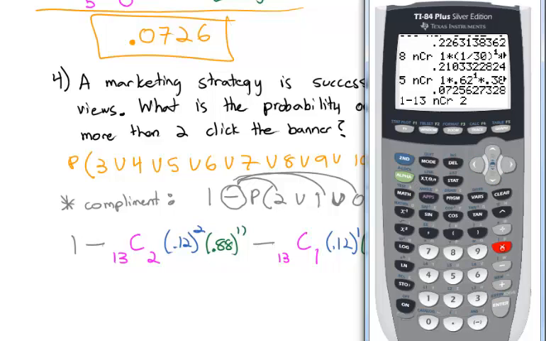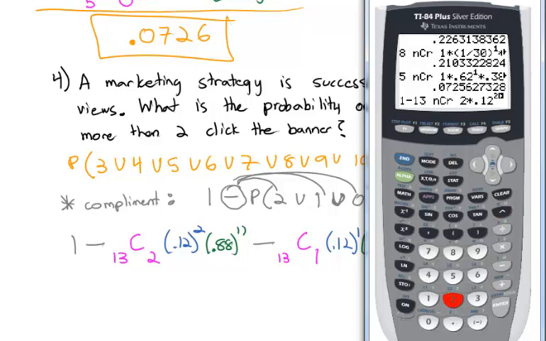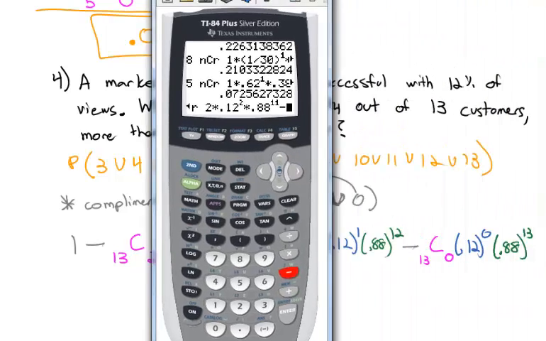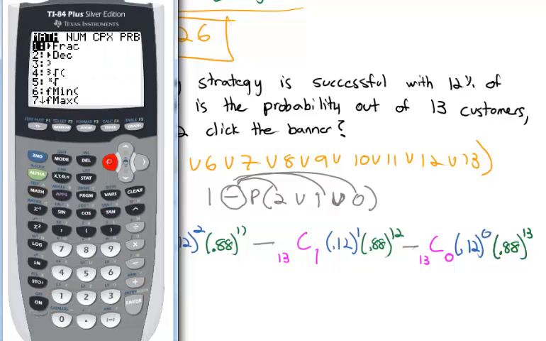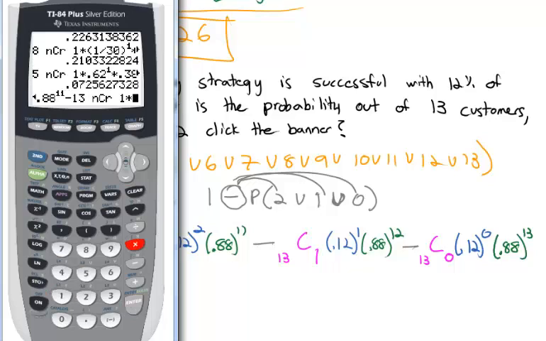Choose 2 times 0.12 to the second power times 0.88 to the 11th power, minus, move the calculator over so we can see it, 13, choose 1 times 0.12 to the first power times 0.88 to the 12th power.